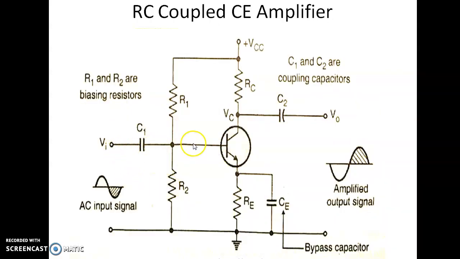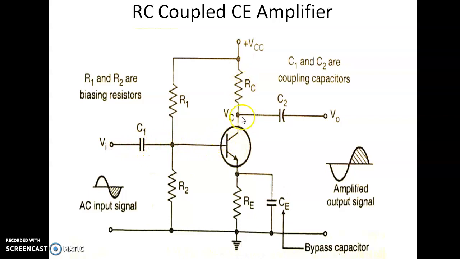the base current. As we know, this is a bipolar junction transistor, meaning current conduction takes place due to holes and electrons, and the collector current is beta times the input current, that is the base current. So BJT is also called a current controlled device because the output current, the collector current, depends on the input base current.